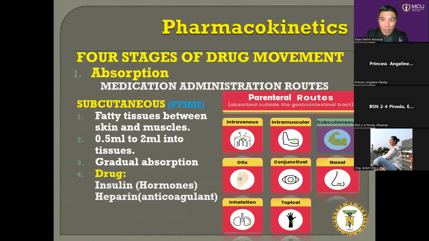Kaya careful din tayo sa pagbibigay ng mga heparin injections or anticoagulant lang, mga erythropoietin injections kasi it must be given subcutaneously dahil gradual lang niya mina-manage yung pag-prevent ng clotting. Kasi pag binigay mo yan intravenously, ang problema diyan ay pwedeng mag-cause yan possibility of bleeding kasi mabilis yung effect at mag-cause yan agad ng bleeding.